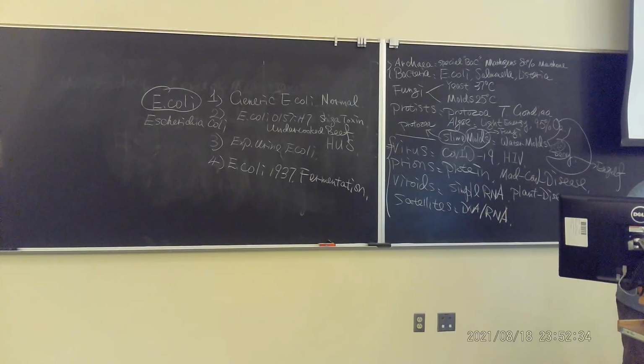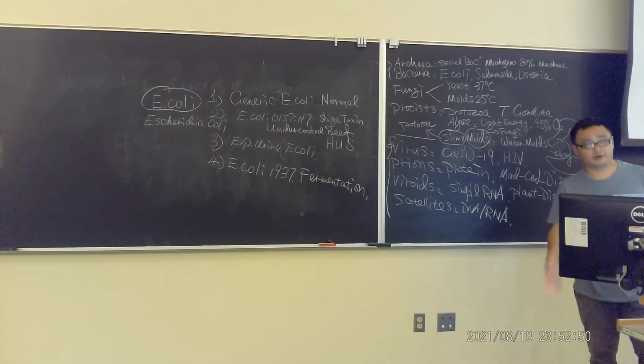Yogurt products, cheese, all kinds of cheese, yogurt, sour cream. Those are dairy products, fermented with lactobacillus or other organisms. So just to give you an example, sometimes microorganisms are very good.